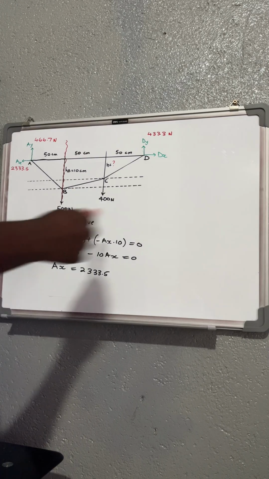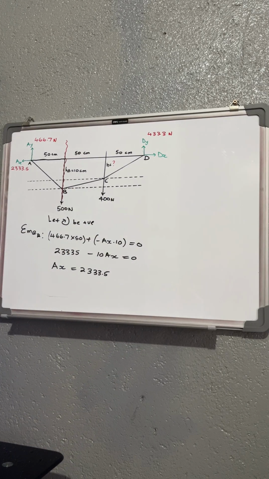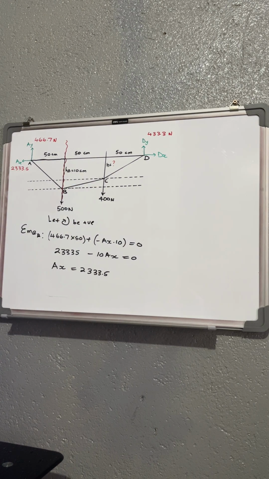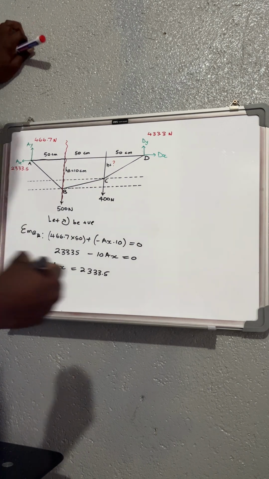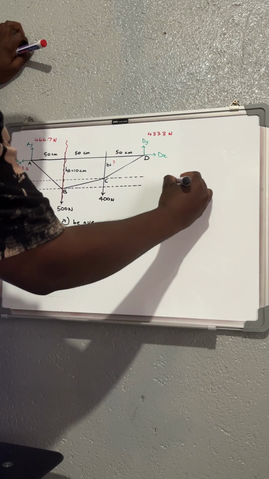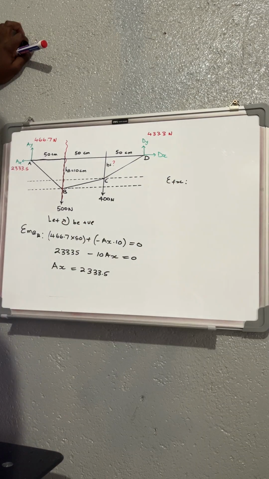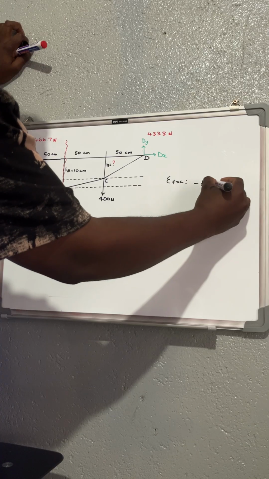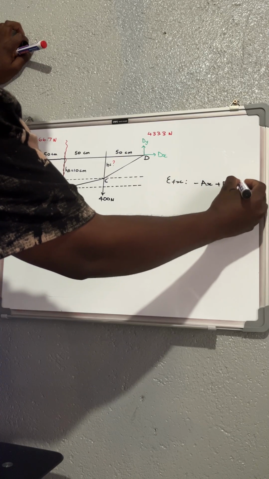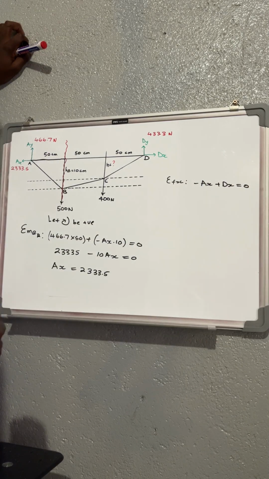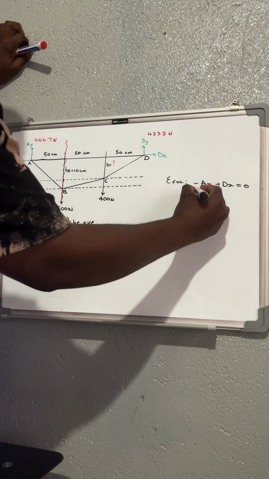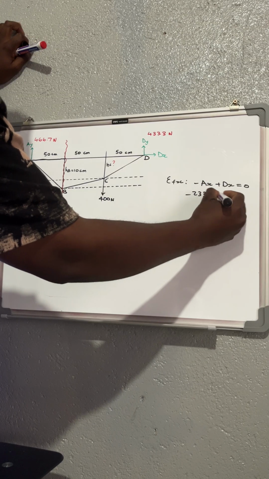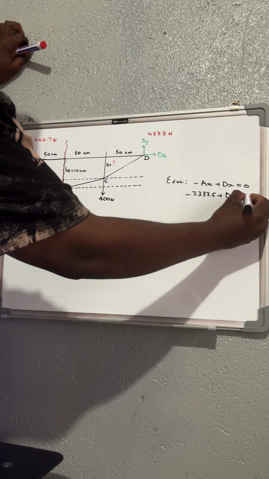Okay, if you check this problem, we only have two things acting in the horizontal axis. We have AX and DX. So if we take the sum of the forces in X, we are going to have minus AX plus our DX equals 0. Then we have minus 2333.5 plus our DX equals 0.